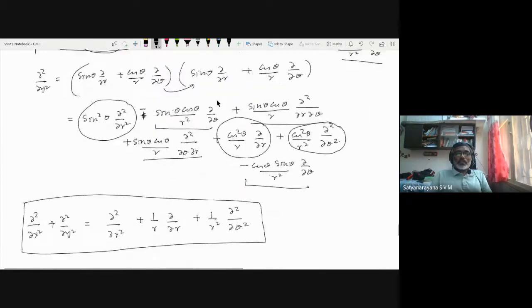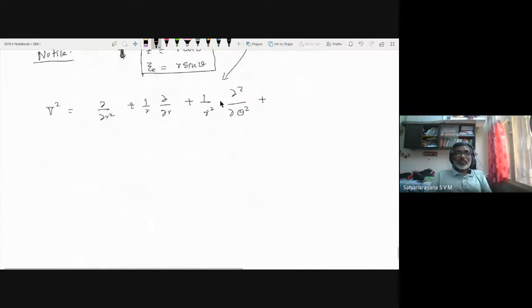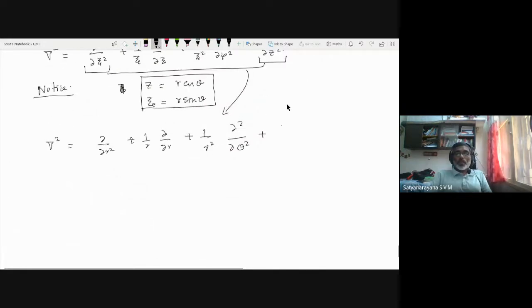So you can write 1 by xi into dou by dou psi, plus 1 by xi square into dou square by dou phi square.